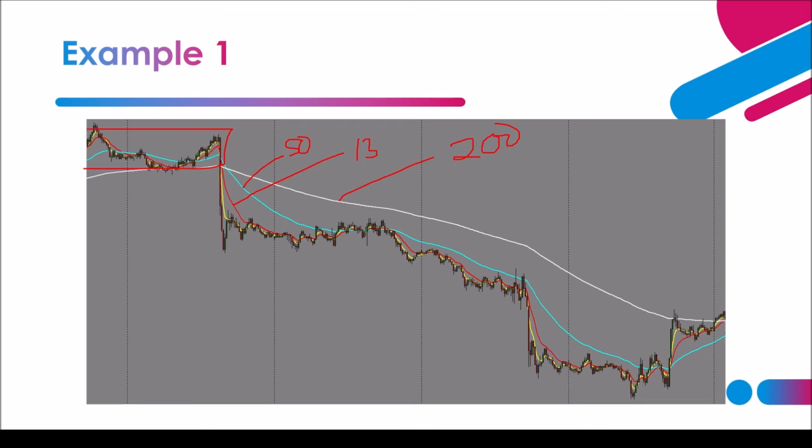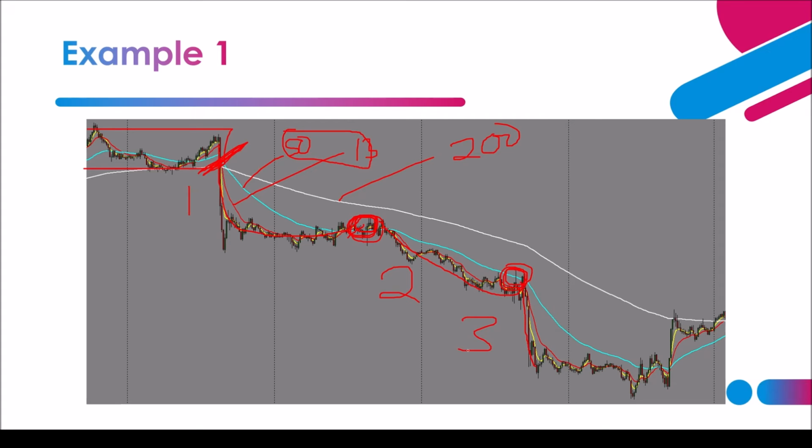The first thing is to see the 50 13 EMA cross, which occurred at this point, meaning this was impulse 1. Then the market came back and retested the 50, which is the blue one, making this the second impulse. The market went down, retested the 50, giving us the third impulse.